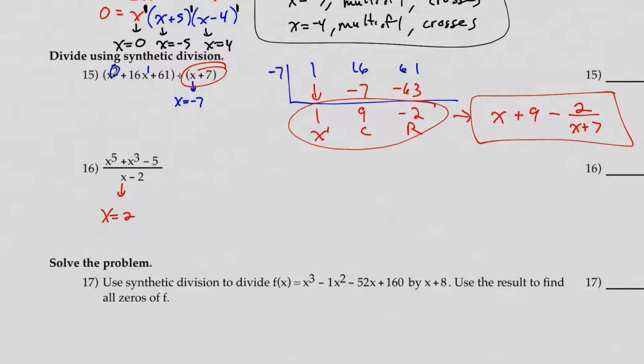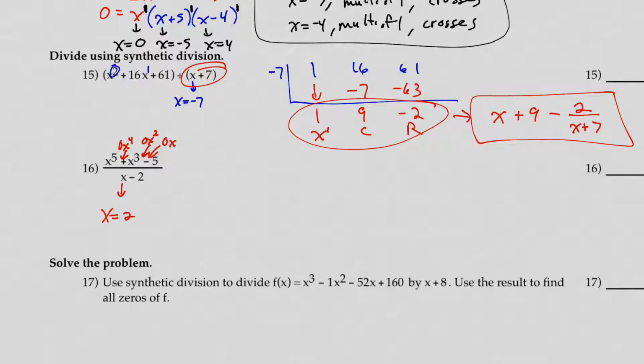Now, there's a lot of stuff missing here. So there's an x to the fourth missing, and there's actually 2 more terms missing right there. So we're missing x to the fourth, which means it's a 0, x to the second, and x.